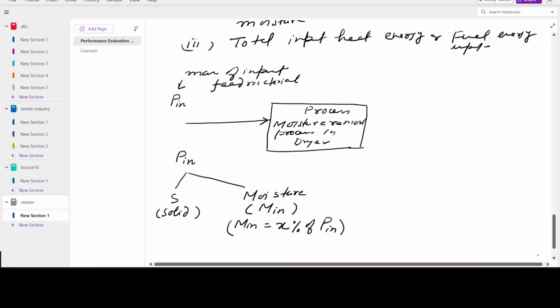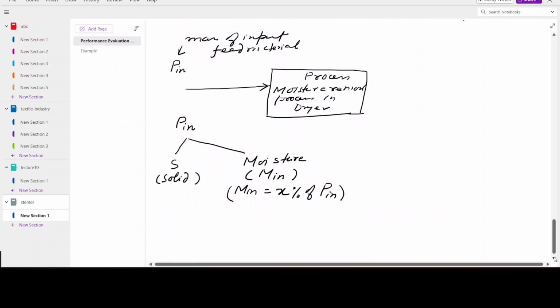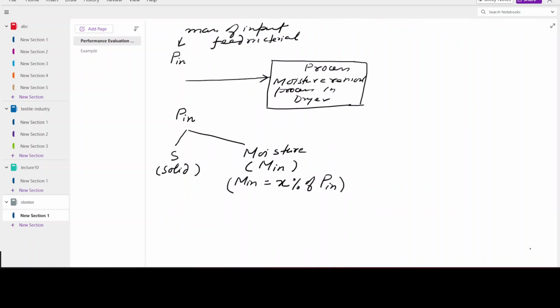It is very important to understand here that the material we are feeding into the process has mass P in, and it is a composition of solid and moisture.